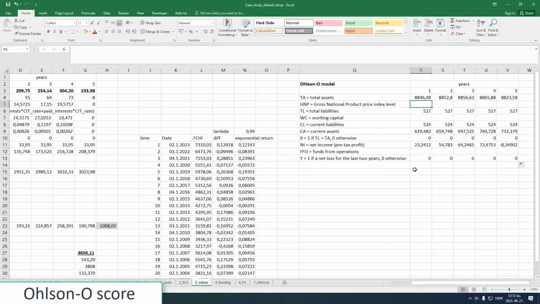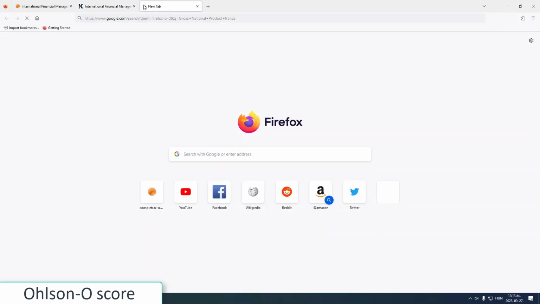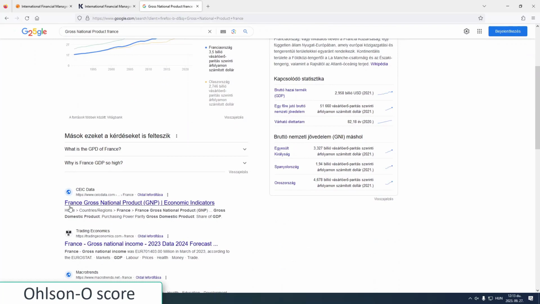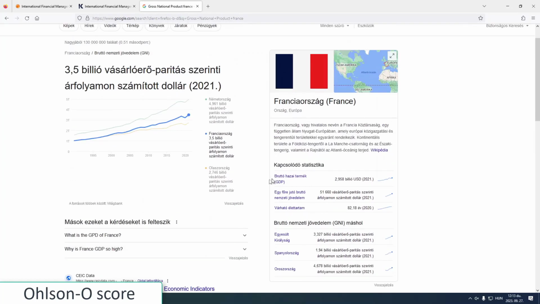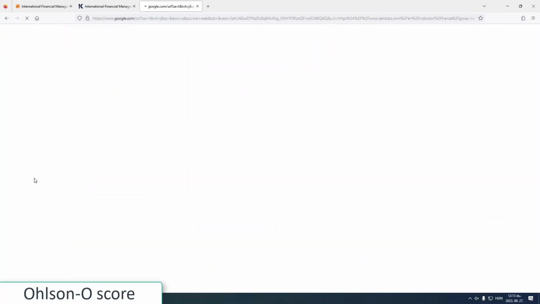After we filled in the simple things, let's see the gross national product. What is this in the case of France? So good that it's still Hungarian. Save data.